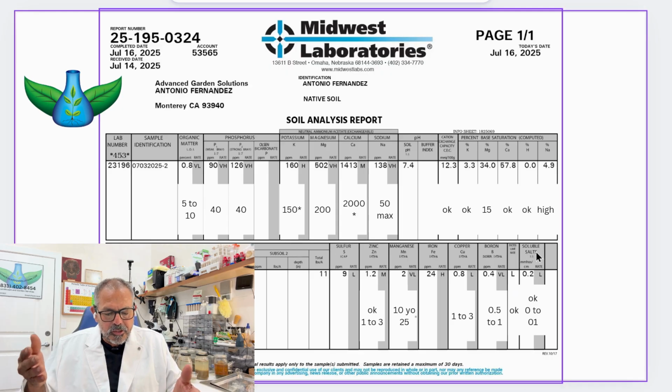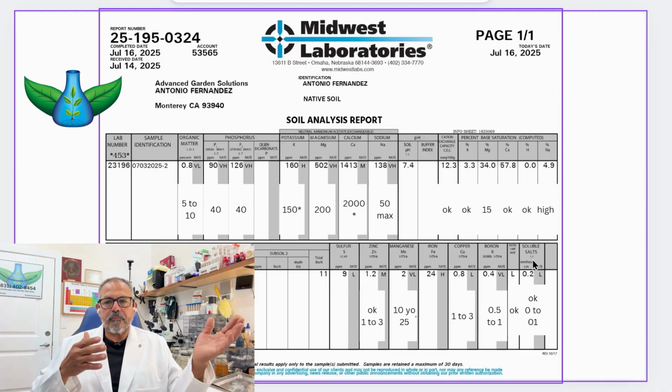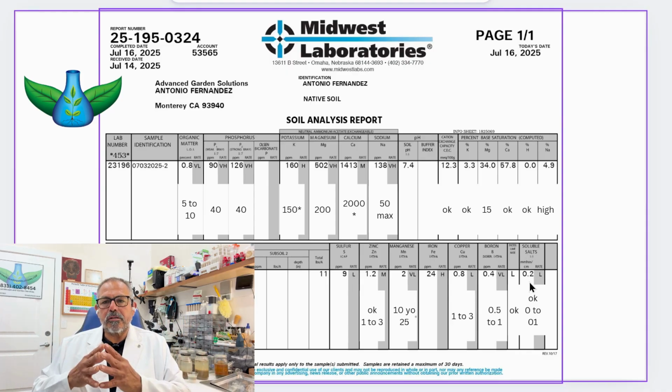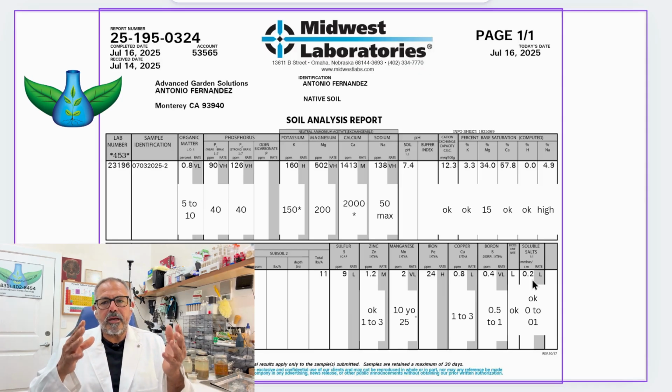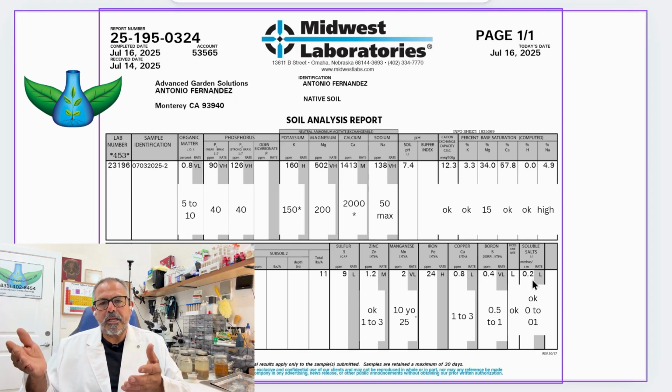The same goes for soluble salts. When we talk about soluble salts, we're not necessarily talking about sodium. Soluble salts are formed by the reaction between an acid and an alkali compound. Even fertilizers are considered salts, and they are the main cause of soil contamination.